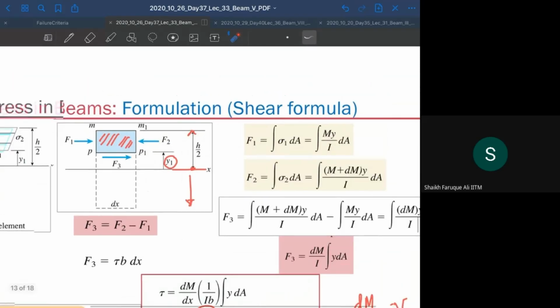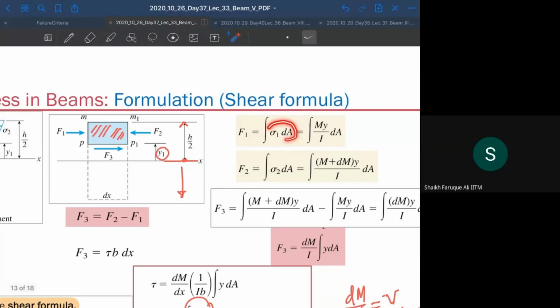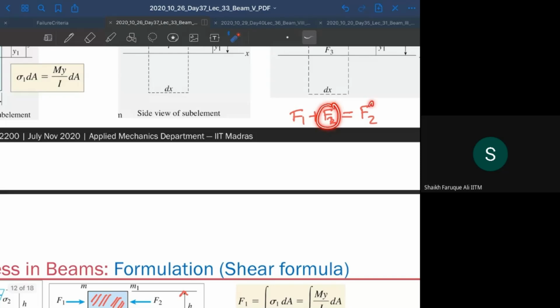So F1 is going to be the integral of sigma 1 dA over that area, and F2 is going to be the integral of sigma 2 dA, because it is acting on the right side. Now, what is sigma 1? It is My by I. What is sigma 2? It is (M plus dM) y by I. Clear? Now, F3 is the result of the subtraction of these two forces. So F3 is equal to F2 minus F1.